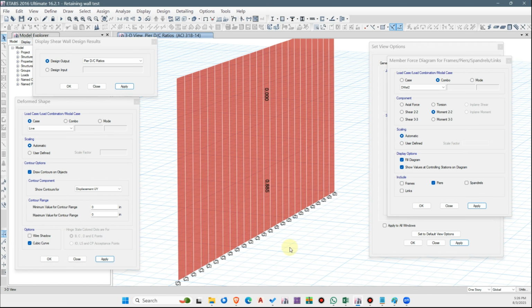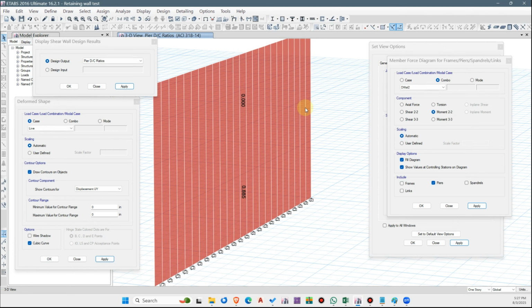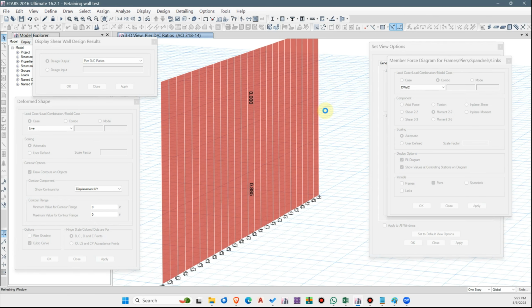So in that case, there is an interaction of out of plane bending moment and in plane bending moment, and also the axial load. So a question frequently arises whether the out of plane loads that we have applied are really accounted for in the design of the structural wall. The question is answered here: yes, the out of plane bending moment is covered by the ETABS program. So that was the main topic of this video. Thanks for watching.